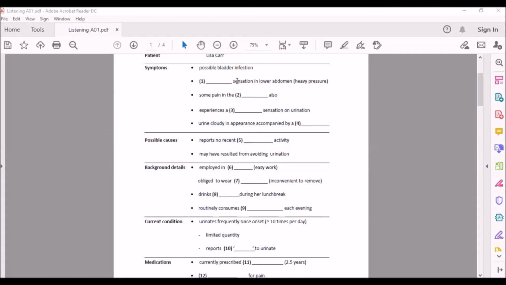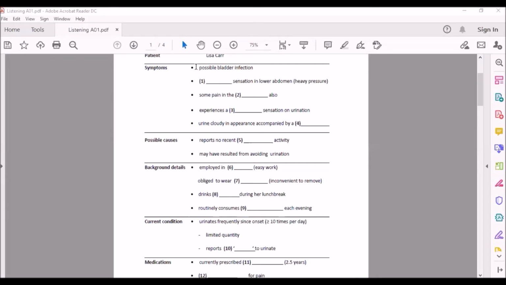So always think of synonyms, definitions, meanings, of the way some words might be said within the recording, because we are not going to hear all the words in the same way. We can see them here written, but we might hear their synonyms, so we need to be prepared.